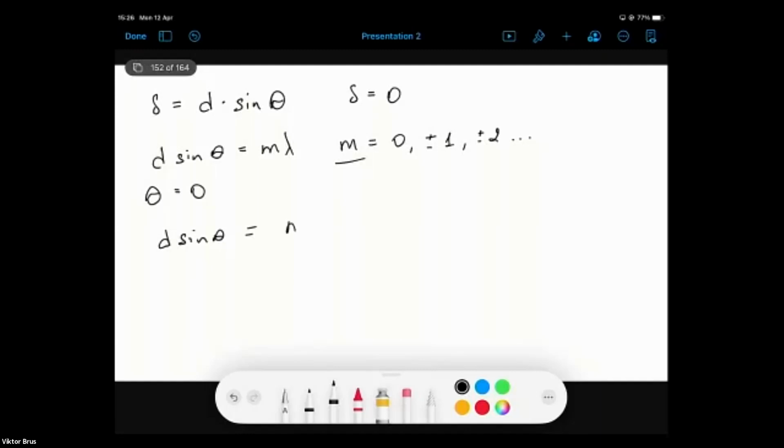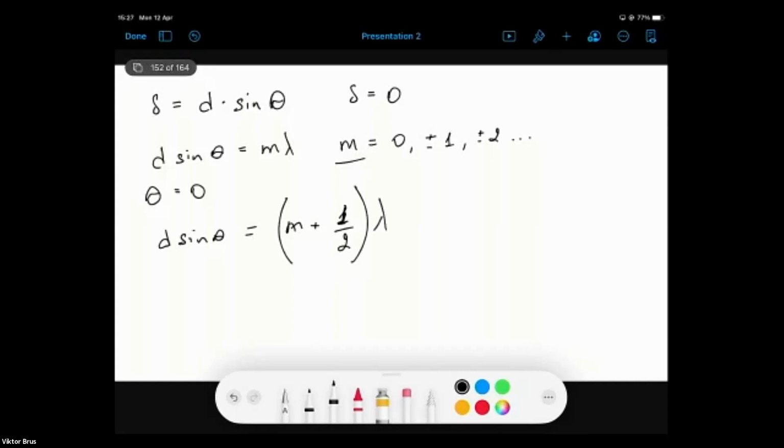So it will be m plus, sorry, it will be like 1/2. So it will be m plus 1/2 times lambda.